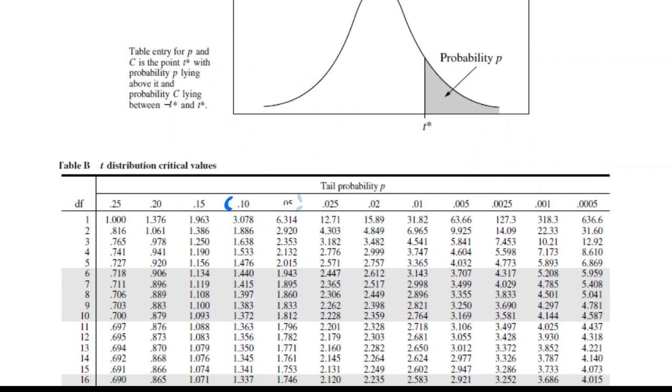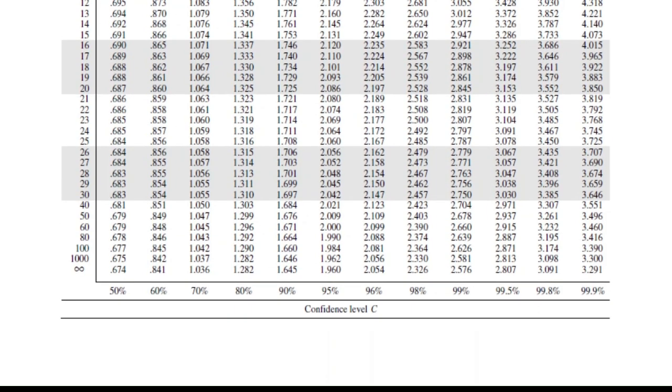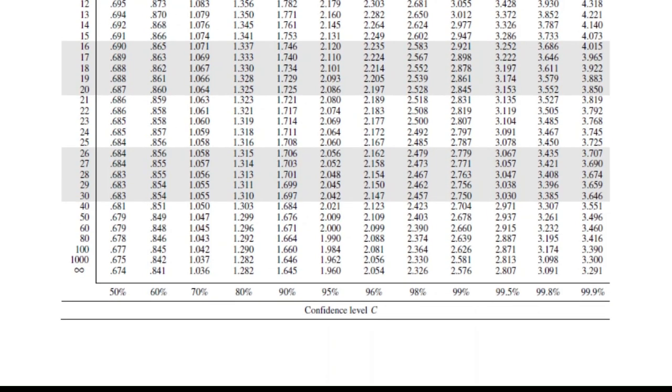So let's erase this so we don't get confused. Okay, so a df of 49, we don't have 49 in the table. We have 40 and we have 50. We always want to be conservative when we're doing this. We want to basically underestimate. So in order for that to happen, we're always going to go up the chart to the smaller t-value.